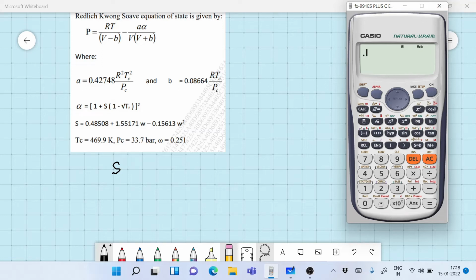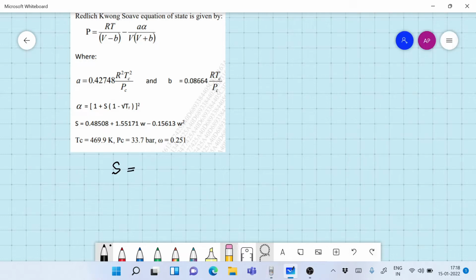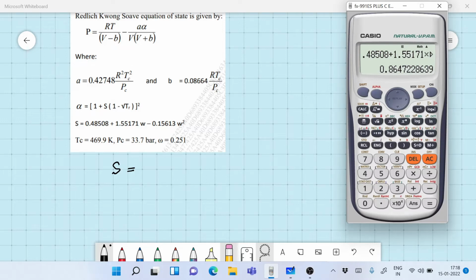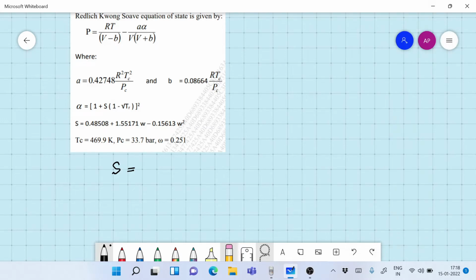That's 0.48508 plus 1.55171 into 0.251, that's omega, minus 0.15613 into 0.251, that's the square of omega, and we get the value of S. The value of S is 0.8647. So we make a note of it.